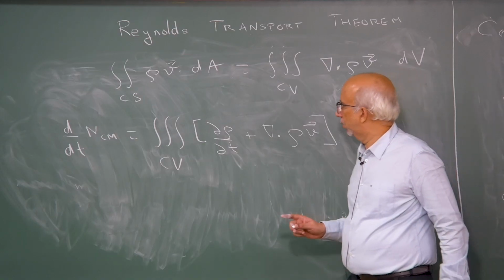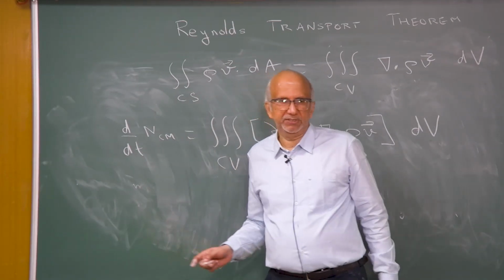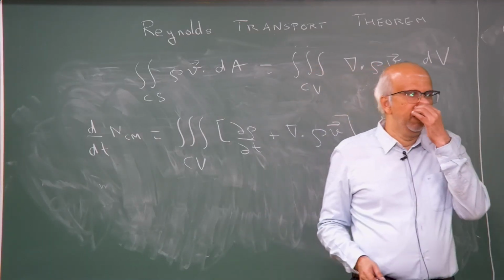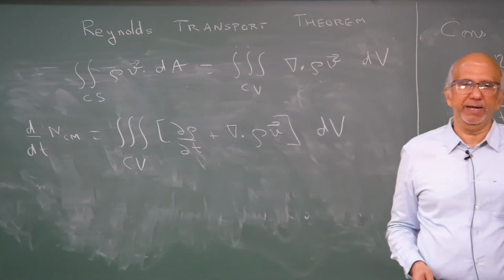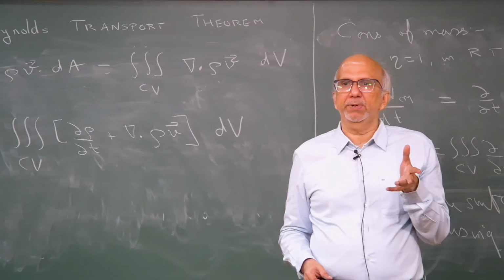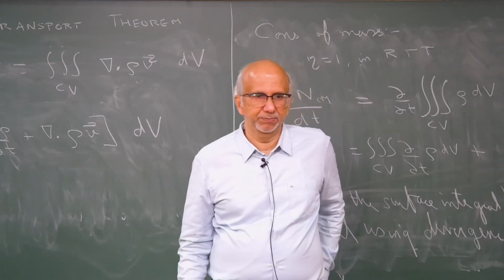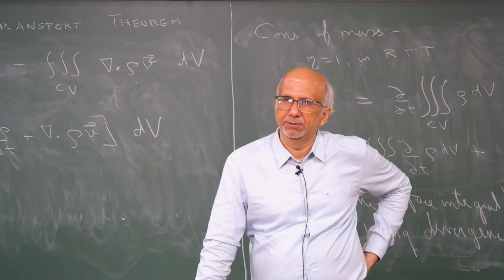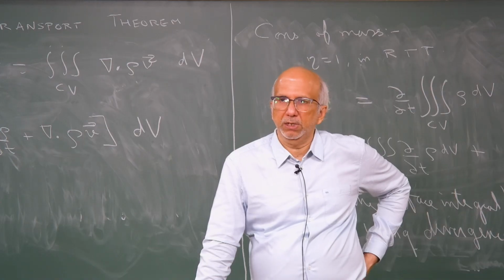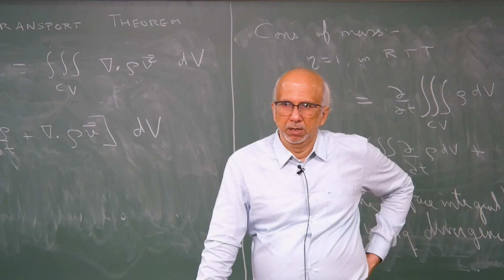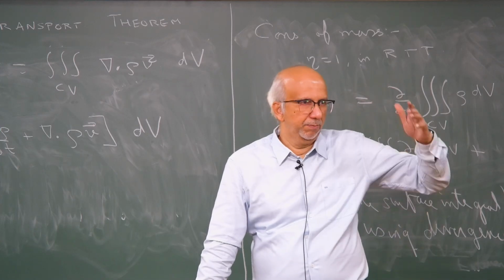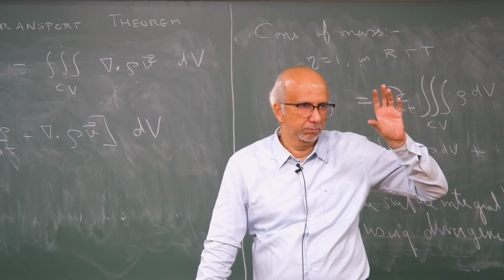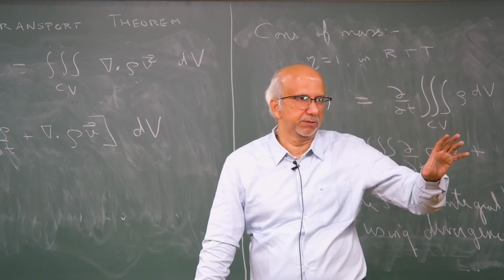So, now I want to talk about the left hand side. Left hand side tells me the rate at which the property in the control mass changes. Remember, we are talking about conservation of mass. The control mass by definition has fixed mass.